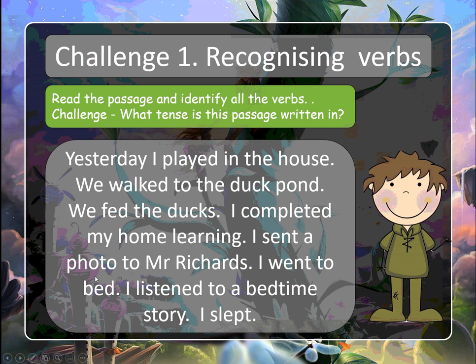I sent a photo to Mr. Richards. I went to bed. I listened to a bedtime story. I slept. Now, in each one of those sentences, there is a verb. There's 10 verbs altogether. So have a go with your mums and dads or whoever's working with you at finding the verbs. And when you're ready, grown-ups, start the video again and I will highlight them.